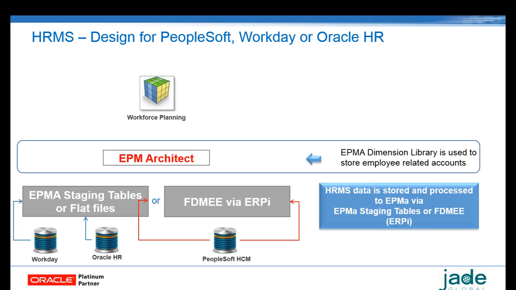Now, when we talk about PeopleSoft as a data source in terms of HCM, there is built-in functionality when you do purchase FDME, which is a combination, like I was saying, of the old FDM product, sometimes called FDQM, and then ERPI.